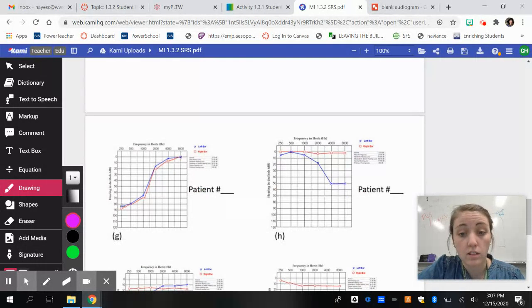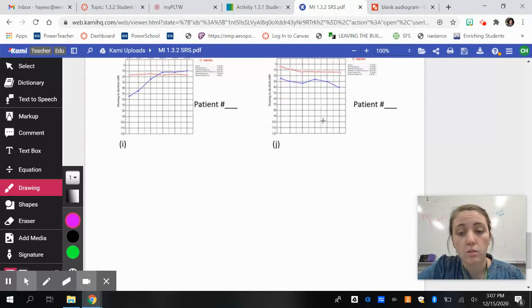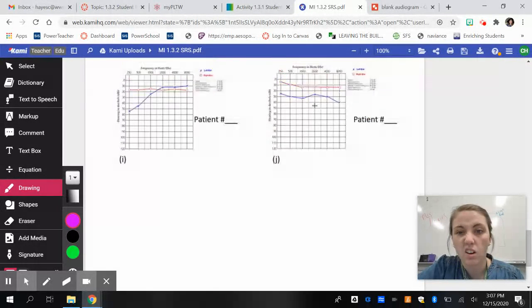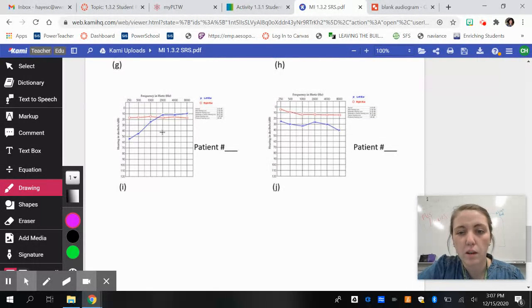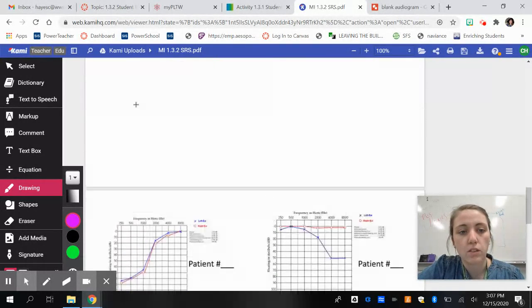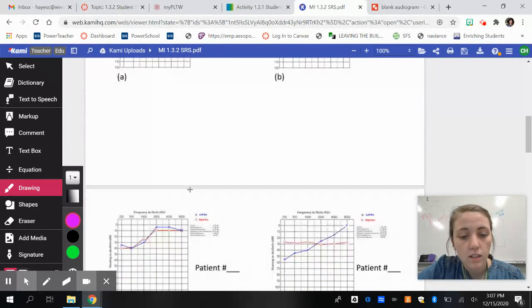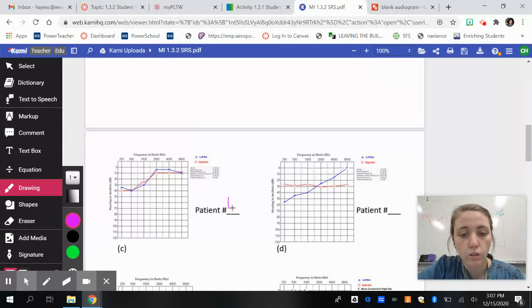Okay, this does have the dip, but it's very drastic. Not this one, not this one, and not this one, because they all don't follow the same pattern, right? We should expect two lines to follow each other, specifically at low frequencies. So that tells me that this patient is patient 4, which is Sue.